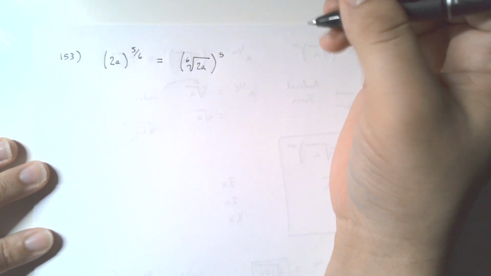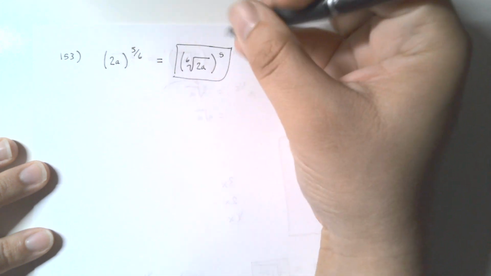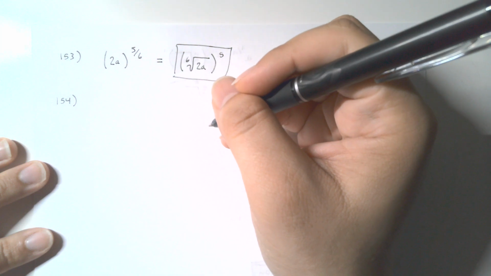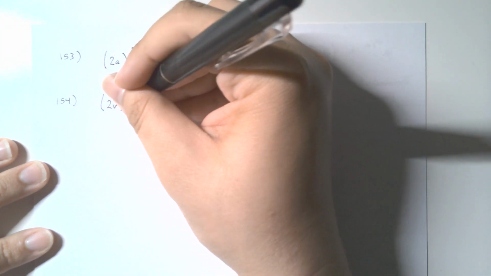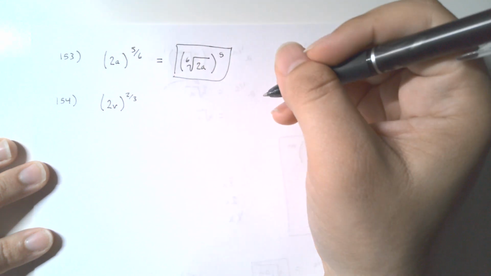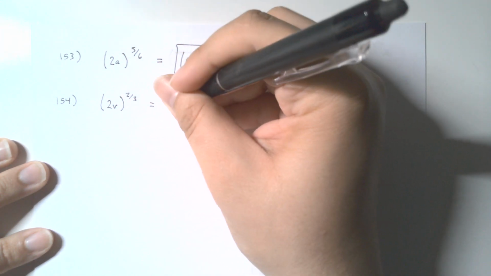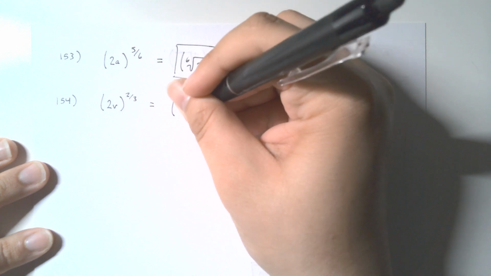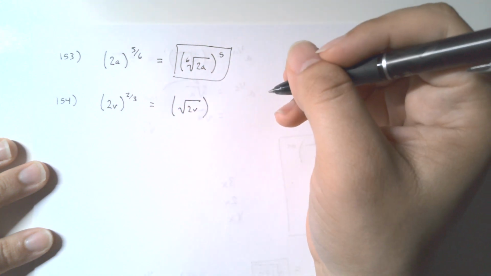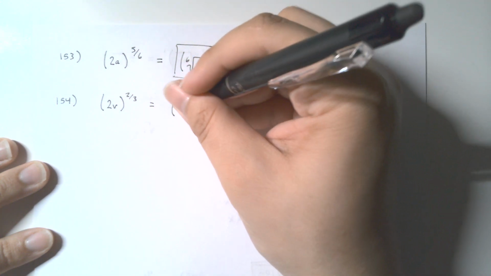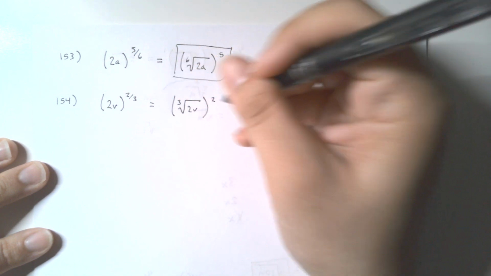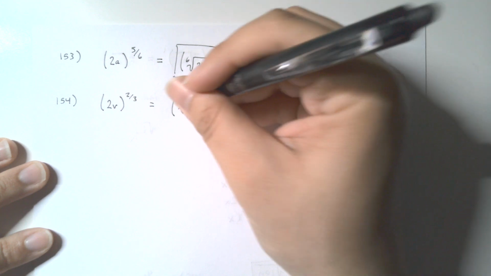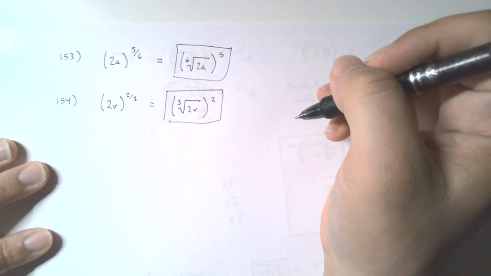And we're done. Number 154, we have 2v to the power of 2 over 3. We have root 2v in parentheses. The bottom number is your index. We have a 3. And the top number is your exponent. So squared. And this is done.